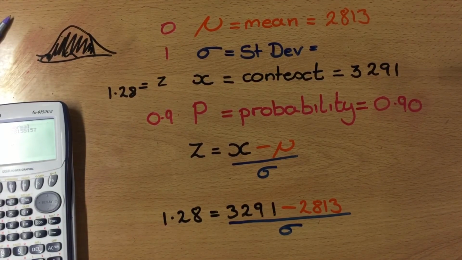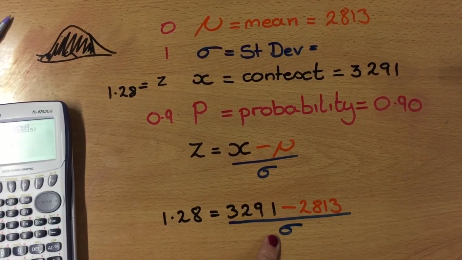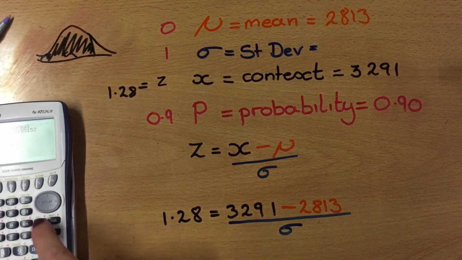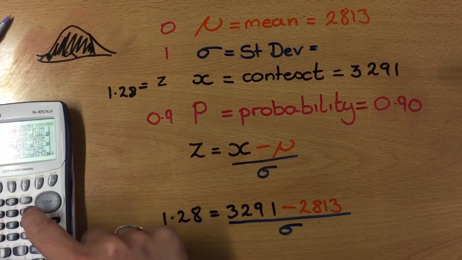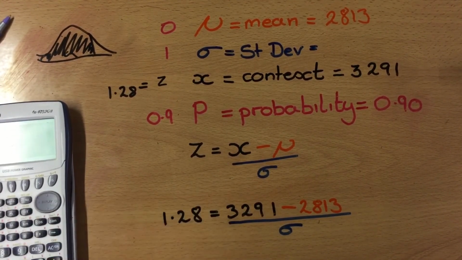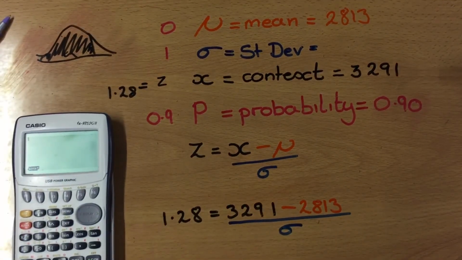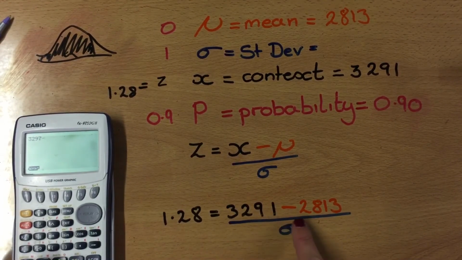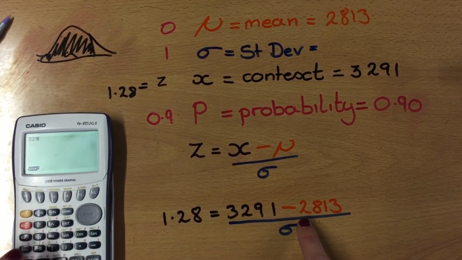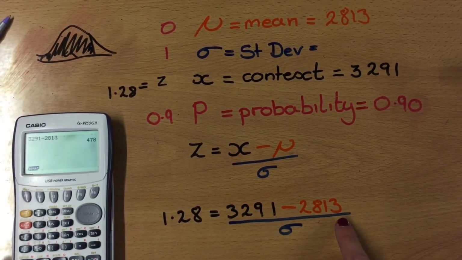So to work out this, we're going to have to rearrange. So we have 32.91 minus 28.13.